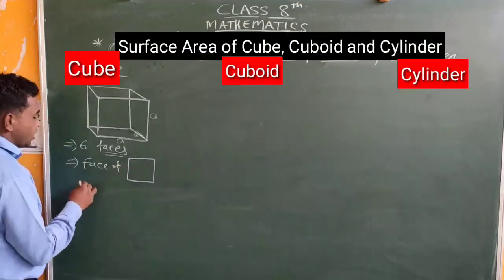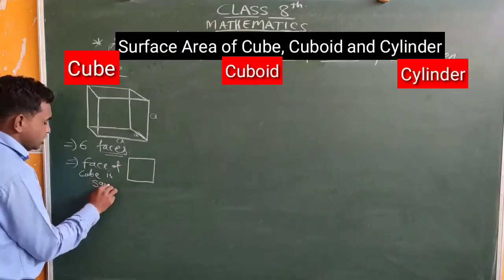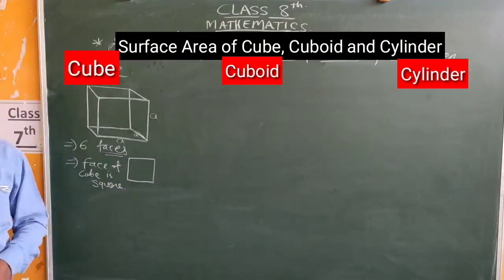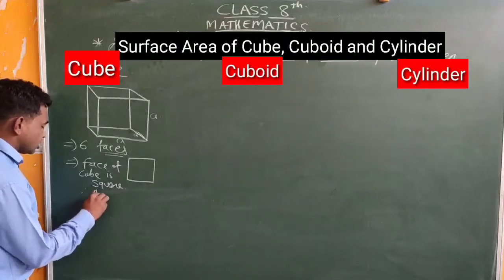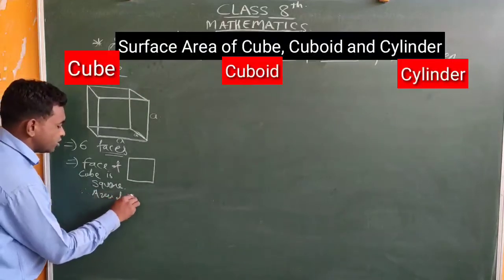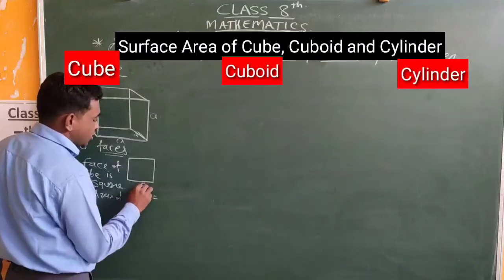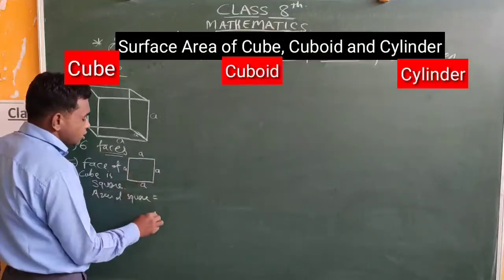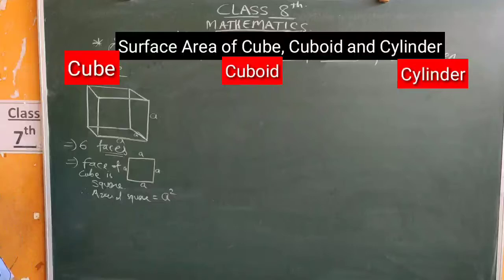The face of a cube is a square. So to find the area of a square, what is the formula? Area of the square is equal to side squared, and if the side of the square is a, then the area of the square is a squared.